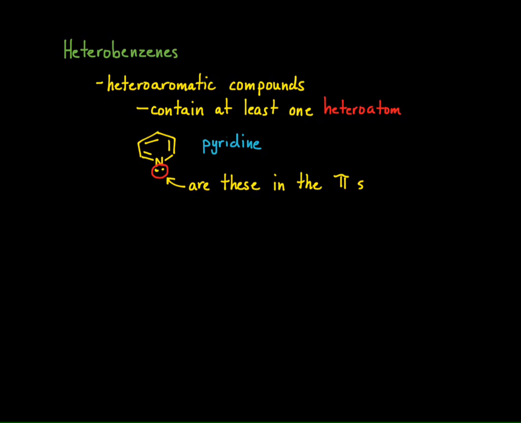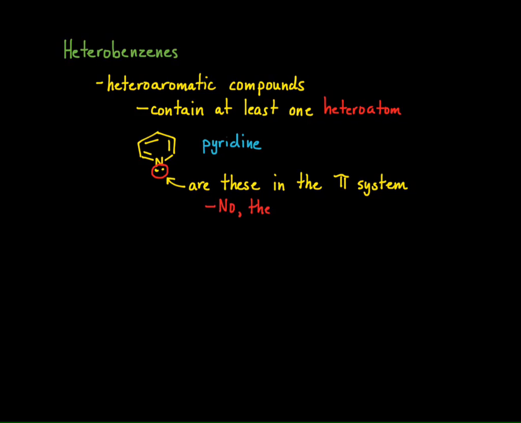One of the questions that we have to think about in terms of aromaticity is that we see there are 3 double bonds. Each double bond constitutes 2 electrons, and so there are 6 electrons in that ring. And the nitrogen also has a pair of electrons on it. So we have to always ask ourselves, are these electrons part of the pi system?